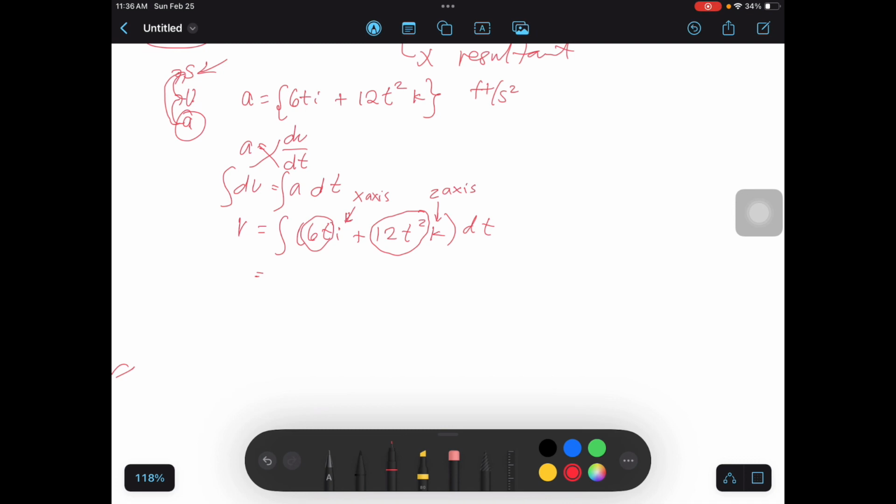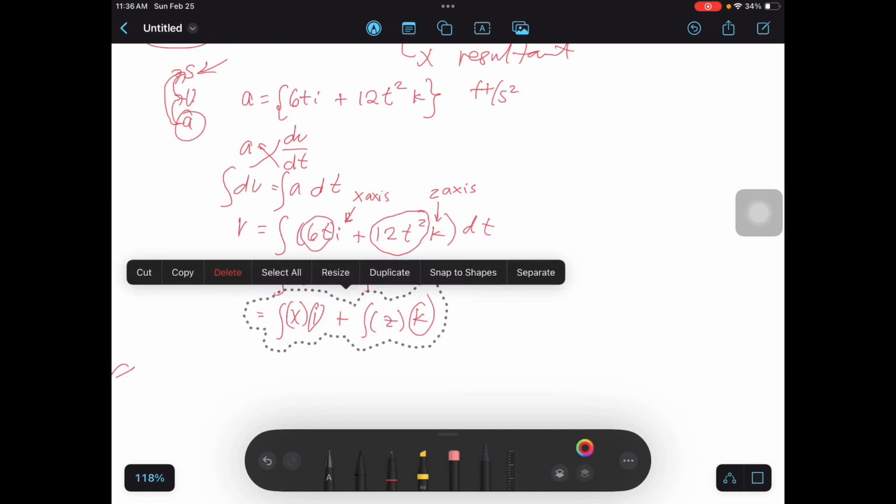So, ibig sabihin, individual mo silang i-integrate, yung along x, and then yung along z. So, ganun ibig sabihin niya. Pero yung i mismo and yung k, mga walang value yan.